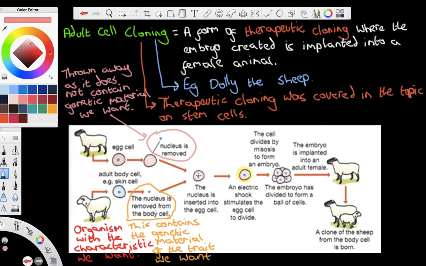The empty egg cell that's had the nucleus inserted into it is given an electric shock. This stimulates the egg cell to start dividing. By giving it an electric shock, it causes mitosis. So we can say that the electric shock causes mitosis to take place.